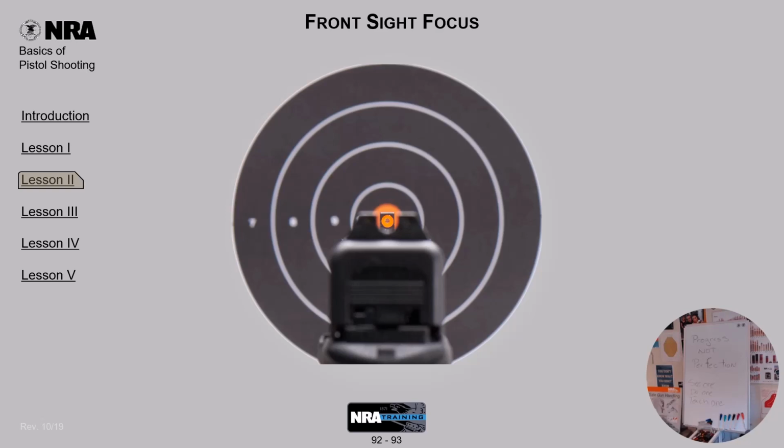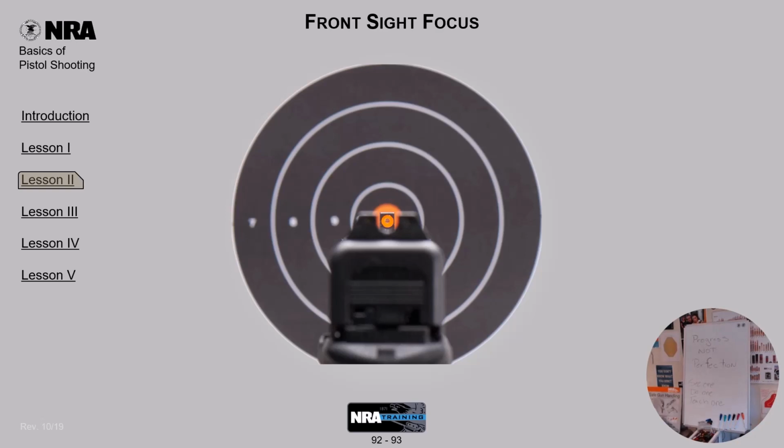Front sight focus. If you will notice, the front sight is clean and crisp, where the rear sight is fuzzy and the target is fuzzy. So our eyeballs can only focus on one thing at a time, so we need to focus on the front sight, which brings me to another test question, question number 5, which is on the front page, not on the true-false ones.